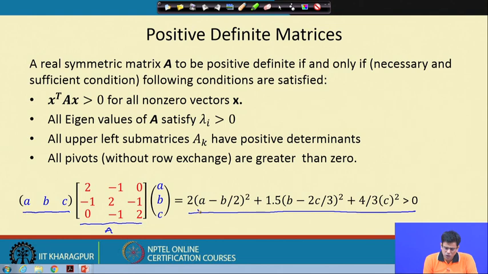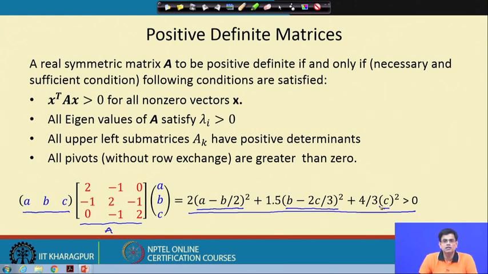You see that all quantities are positive, because this is a square, so this cannot be negative, this is also a square, and c is squared, so these cannot be negative. This proves the first condition: for any non-zero vector we obtain a scalar x transpose A x, which has to be greater than 0 for positive definite matrices.